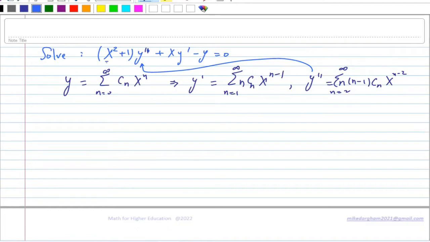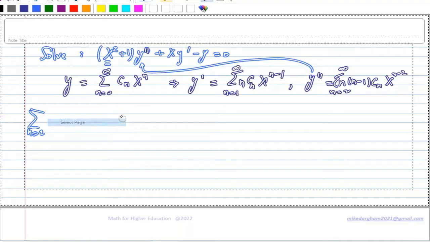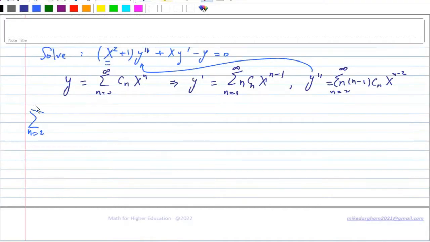So let's multiply x squared into the sigma. Now x to the n minus 2 becomes x to the n, because you add those exponents. You get n back. To not waste time, multiplying x squared in, I get sigma, n goes from 2, n times n minus 1 c_n x to the n. I'm not writing infinity here, but it is infinity; it's okay if you don't write it.